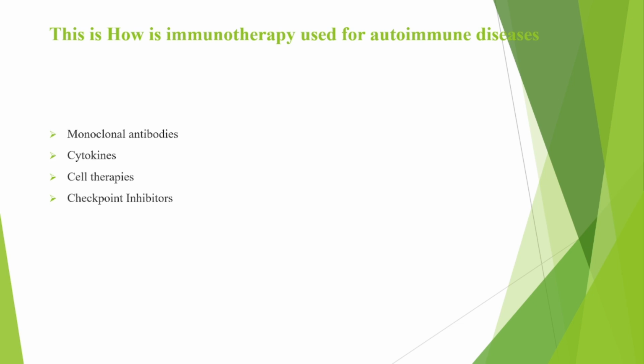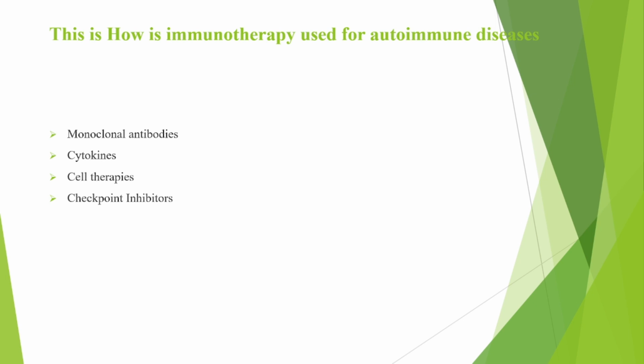And this is how immunotherapy works for autoimmune disease. You can use monoclonal antibodies as immunotherapy for autoimmune disease. These are laboratory-made antibodies that target immune cells or molecules involved in the autoimmune process.